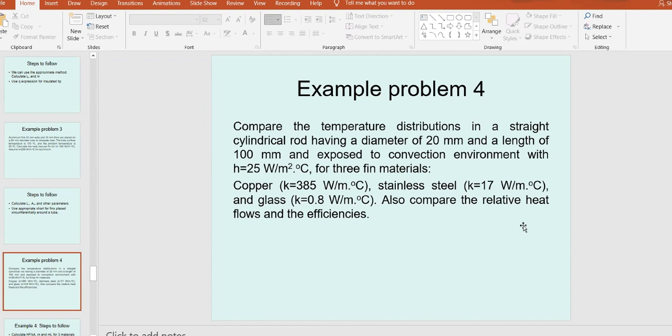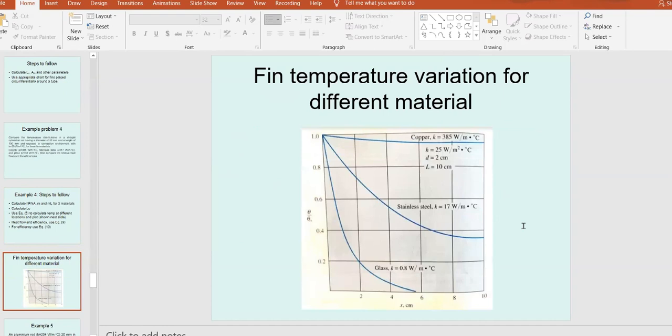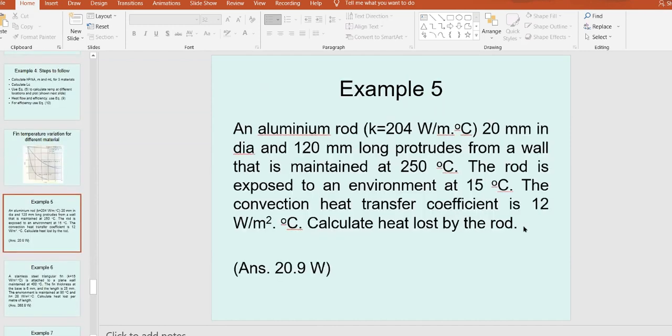Write a small program in Excel or MATLAB, whichever you feel more comfortable, and then do all these things. And if you did that, you will come up with that kind of curves, and that actually tells you a lot more than what you learn just by doing 1 or 2 definitive problems.